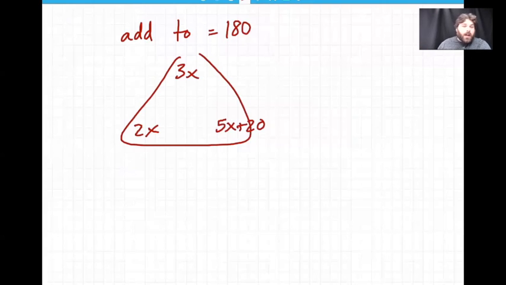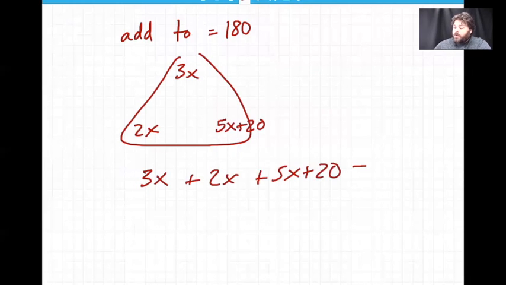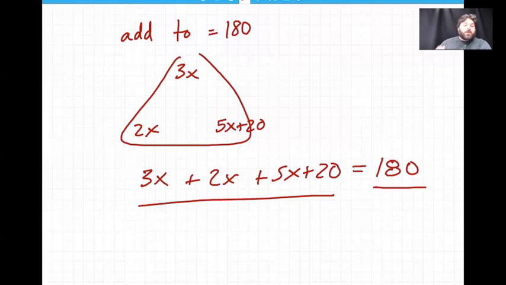If I have a triangle and I know that those three angles add to be 180 degrees, then I put the first thing plus the second thing plus the third thing equals 180. And there's my equation. You've got to be able to do this. This adds up to be 180, so this plus this equals 180. There's your equation. You're going to have to be able to solve that too, but really just setting it up is what we're after here.